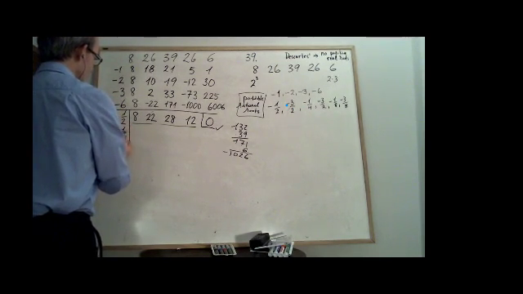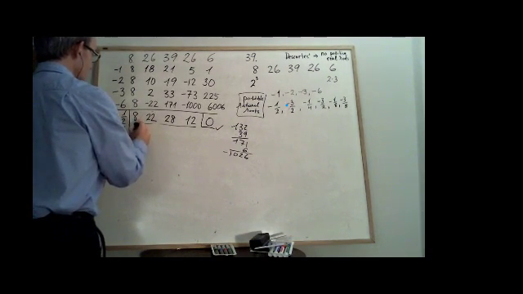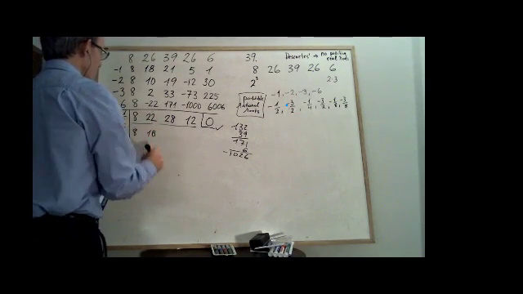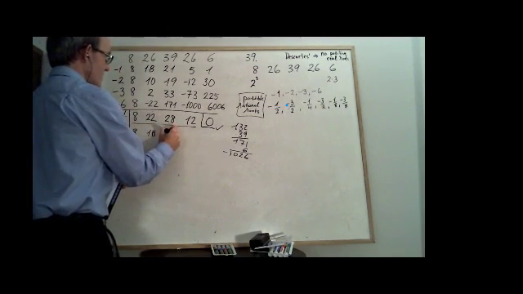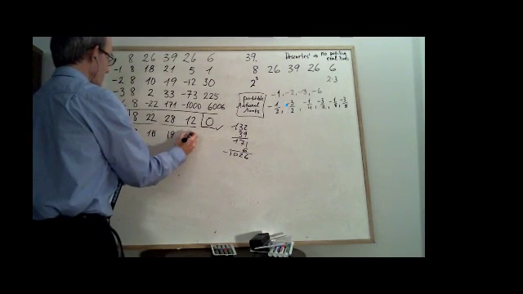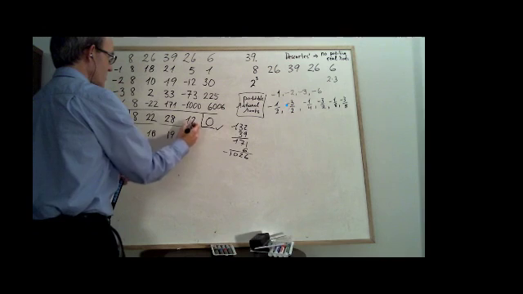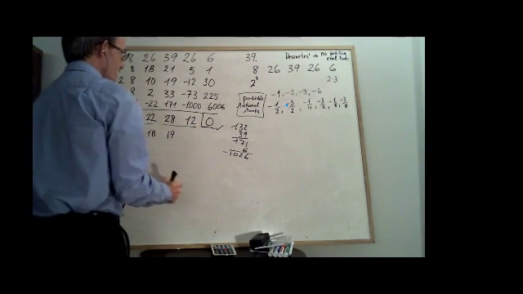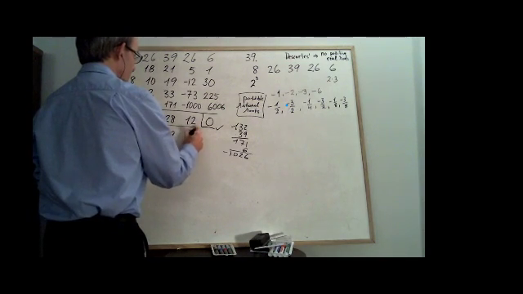Let's try it, and we get 8 minus 4, 18, minus 9, 19. Okay, it's not going to work now, because we'll get a fraction here. Minus 19 over 2 plus 12, 24 minus 19 is 5 over 2.